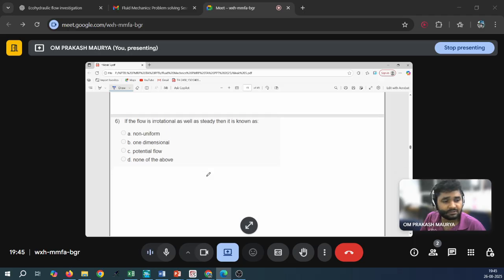Now question 6: if the flow is irrotational as well as steady, then it is known as? The two conditions are given here. So this flow will be non-uniform, one dimensional, potential flow, or none of the above.